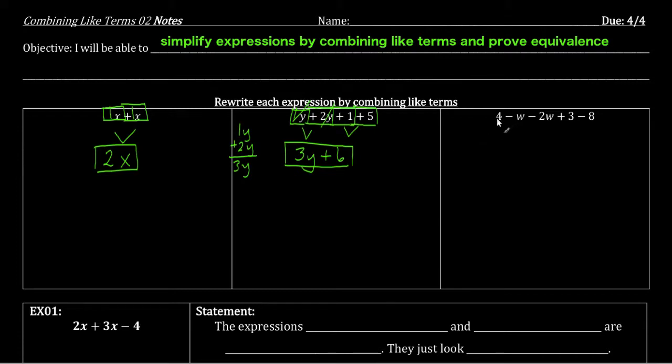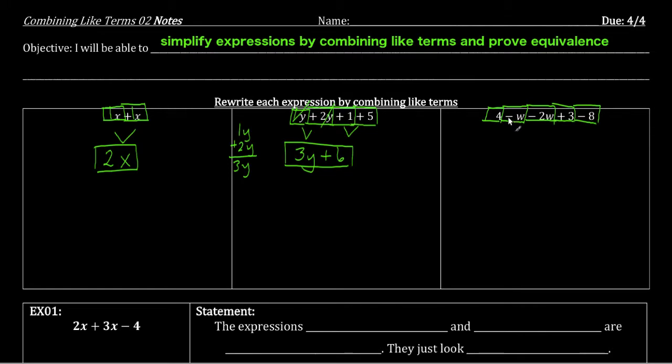This last expression reads 4 minus w minus 2w plus 3 minus 8. So we have 4 minus a number minus 2 times that same number plus 3 minus 8.